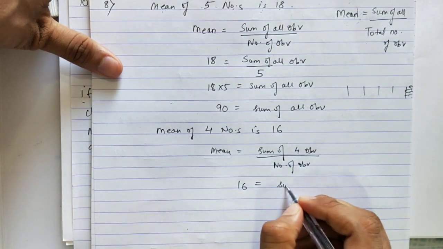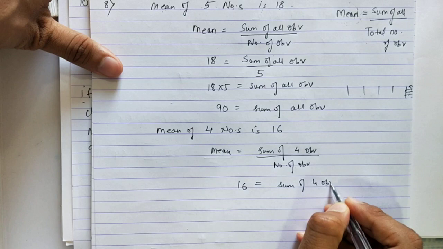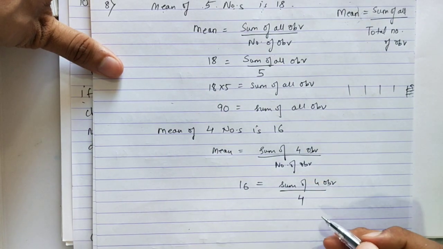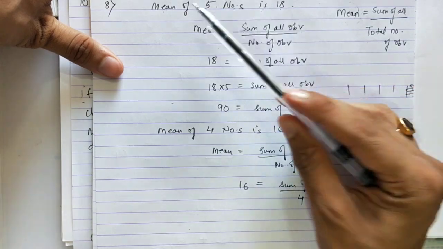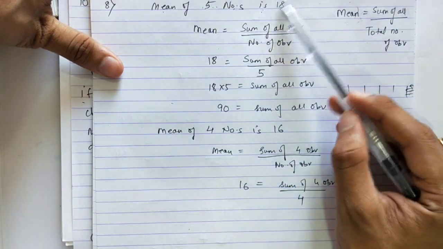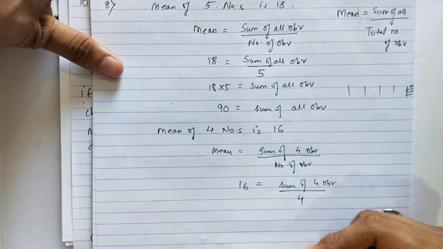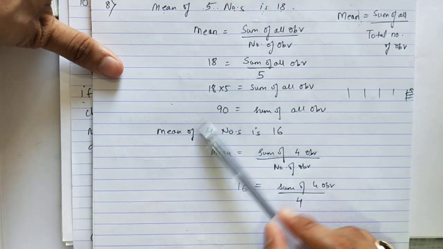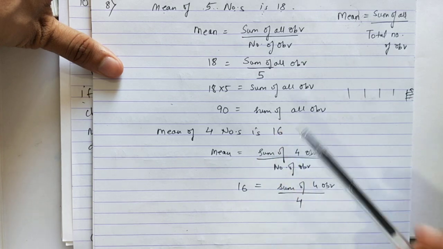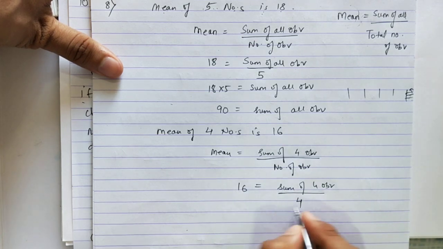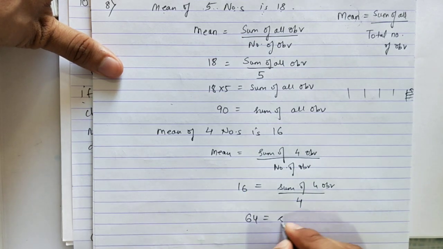See, first the mean was 18 and number of observations was 5, so total was 18 into 5, 90. Now they are saying there are only 4 numbers and the mean is 16. So again I use the formula. 16 is equal to sum of 4 observations upon 4. This 4 will get multiplied with 16. So 4 into 16 is 64.